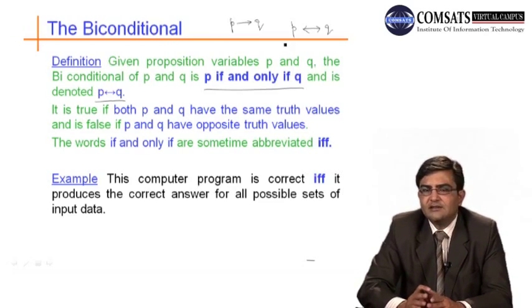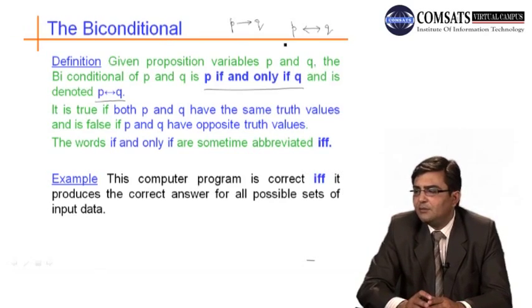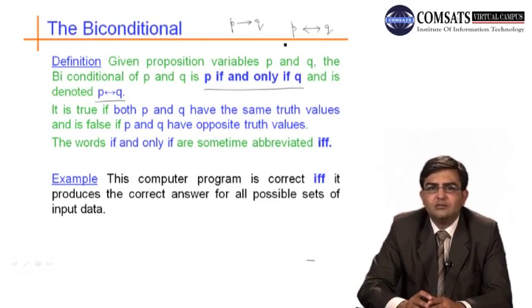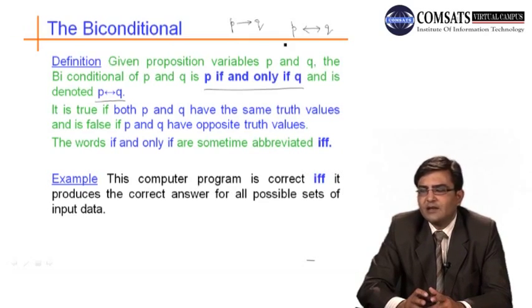And the second case is if P is false and Q is false, then P biconditional Q will be true. In the two other cases, in which either P is false or Q is false, this biconditional statement will be false.